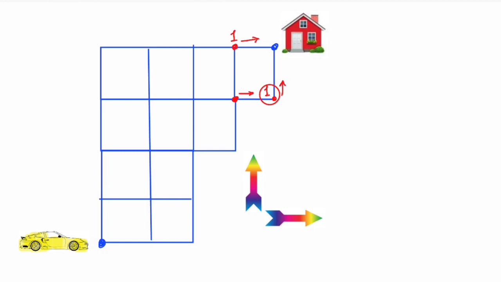Similarly, we can choose this road, and therefore we reach this point, which has only one choice to get to the red house. Therefore, 1 plus 1 equals 2. There exist two different ways from this point to reach the red house.